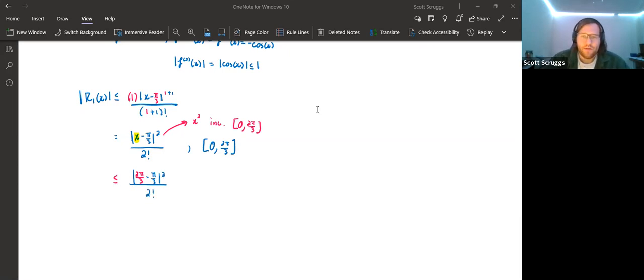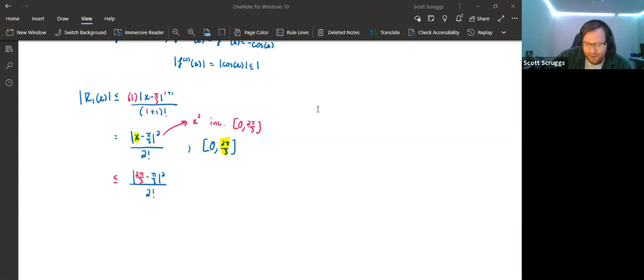Because keep in mind that if I am an increasing function on my interval, I will obtain my largest value if I plug in the right endpoint to the function itself. So for the remainder theorem, I can get rid of that x by bounding it, getting a less than or equal to, as if I'm plugging into the right endpoint.